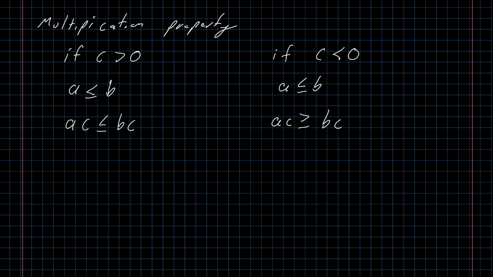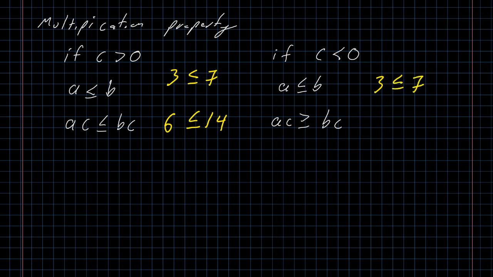To understand why that's the case, let's think about some particular numbers. How about 3 is less than or equal to 7? I think everyone will agree that 3 is less than or equal to 7. If I multiply both sides of this inequality by positive 2, I will get that 6 is less than or equal to 14, which again, absolutely true.